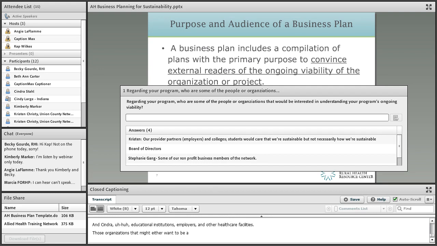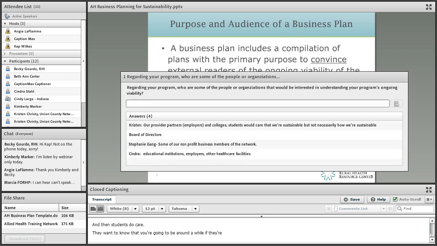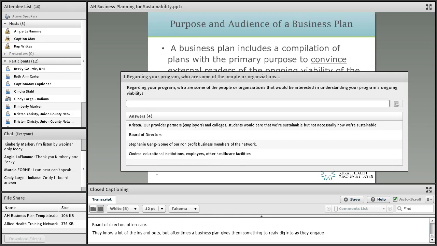So I'm going to ask you guys to answer this question, type in your thoughts regarding your program. Who are some of the people and organizations that might be interested in reading your business plan and understanding your program's ongoing viability? Who do you think is going to care or need to understand and to care?